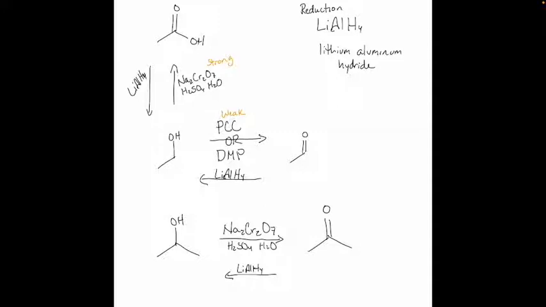So these are these reduction reactions. And again, opposite of our oxidation reactions, going the other direction, creating fewer carbon-oxygen bonds. That would have been one that you actually needed for your Chapter 8 homework as well, these reducing agents.